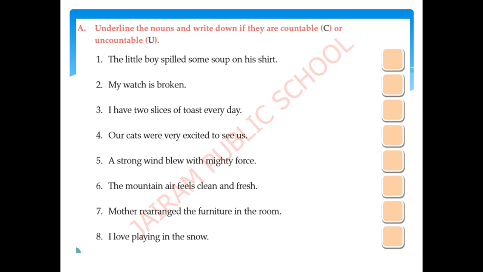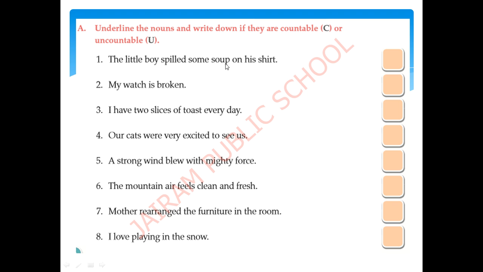If the word is a countable noun, you have to write C in the box. For example, I am telling my dear children, if the noun is soup, there you have to clarify yourself. Can you count soup? No, this cannot be counted. So here is a noun that you have to underline. Soup is a noun here.